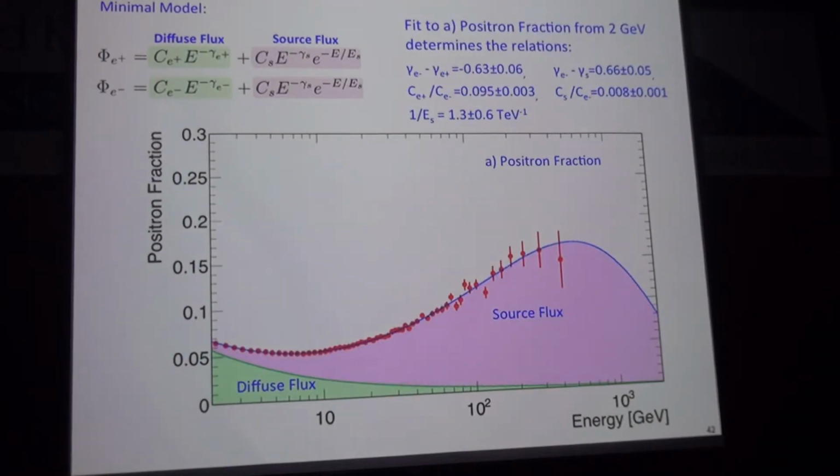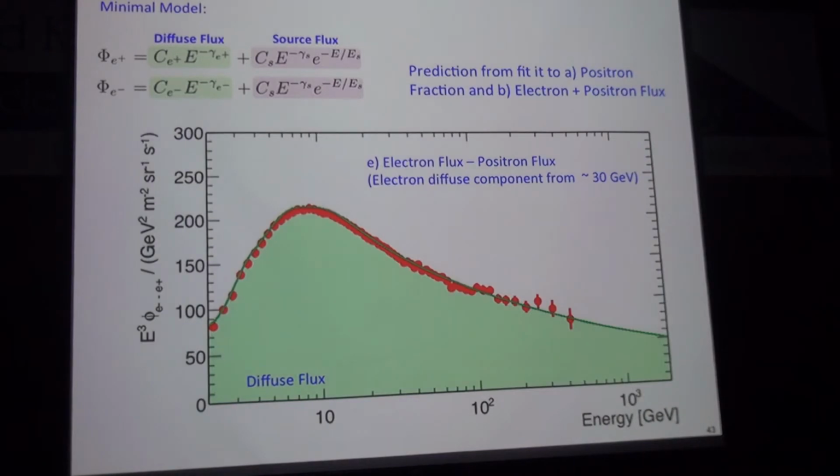However, in positrons, we see a very different feature: the source flux dominates at high energy, and that is the reason for this rising positron fraction. And we can also verify this model by measuring the difference, electron minus positron flux, and indeed it can be described pretty well by a power law, which goes down to this one.